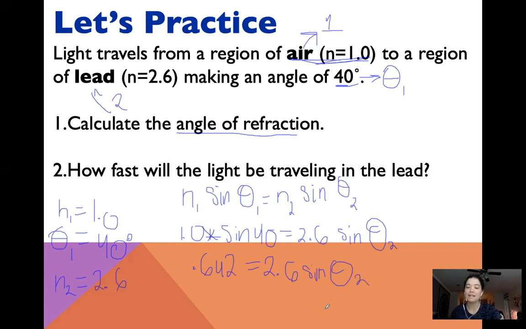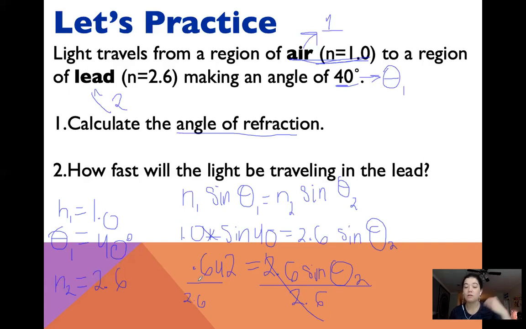Now, we need to get sine of theta by itself so I can get theta by itself. I'm going to say what operations happen between this 2.6 and the sine? Multiplication. So we're going to undo that with some division. I'm going to divide both sides by 2.6. In my calculator where I've got this big long number, I'm just going to hit divide by 2.6.